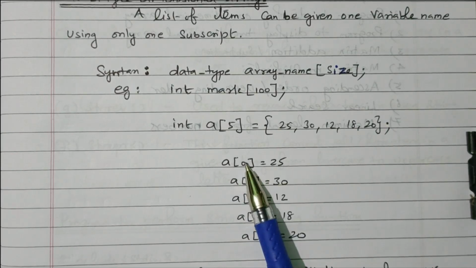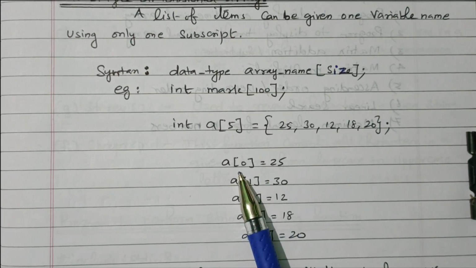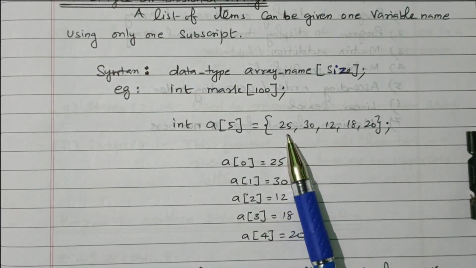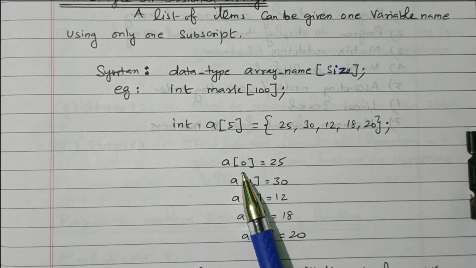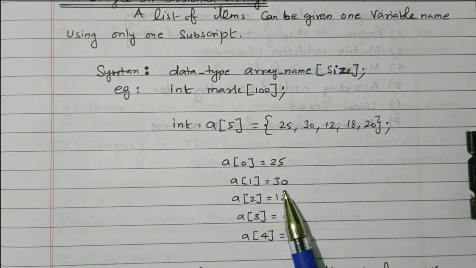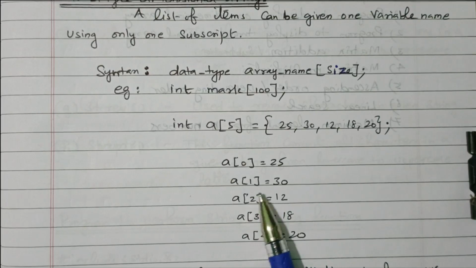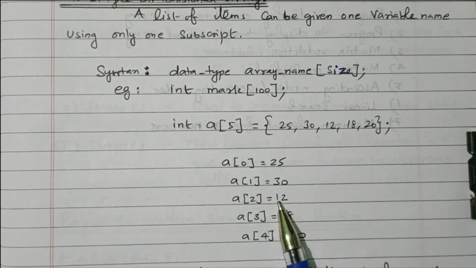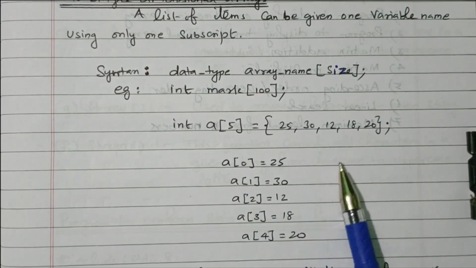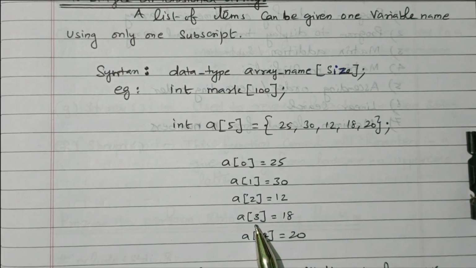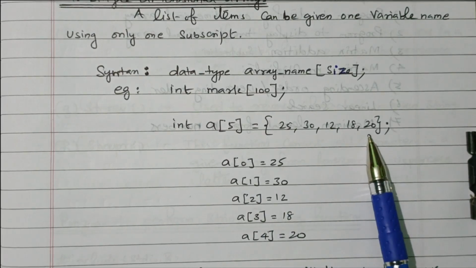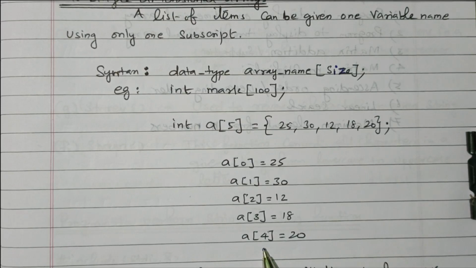This is called the array index. The index differentiates where the element is located, the memory location. The first element 25 is stored in a[0], the second element 30 in a[1], the third element 12 in a[2], the fourth element 18 in a[3], the fifth element 20 in a[4].